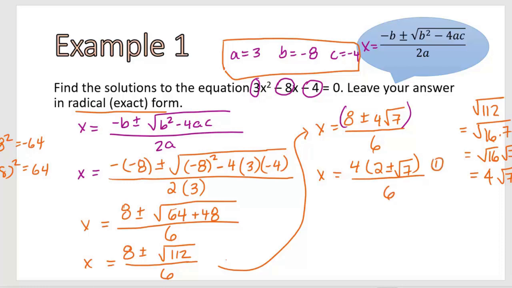Now I have one term in the numerator and one term in the denominator, which means I can simplify. 4 and 6 reduce to 2 over 3. They're both divisible by 2. 4 divided by 2 is 2. 6 divided by 2 is 3. So my final answer is 2 times 2 plus or minus the square root of 7, divided by 3. And we'll leave it in this form. This is the exact answer to this problem.